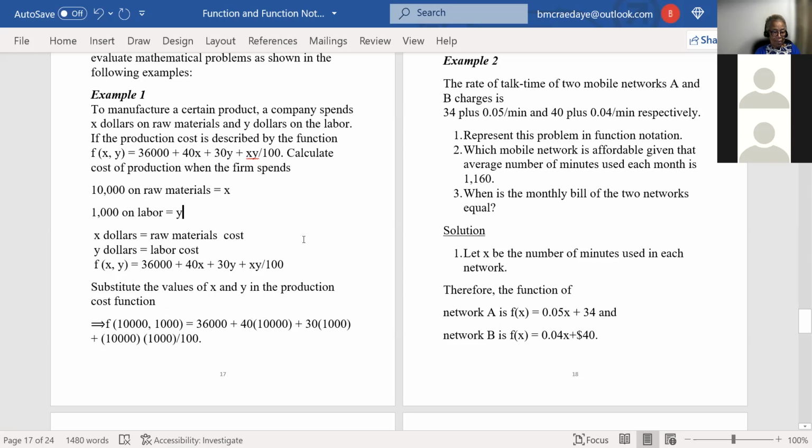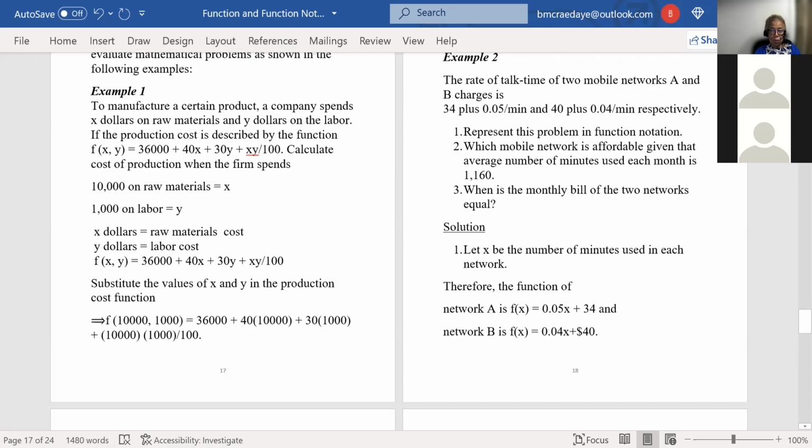X is 10,000. So 40 times 10,000 plus 30 Y, Y is 1,000, 30 times 1,000 plus XY, which would be 10,000 times 1,000, and all of that divided by 100. Okay, now it's just a matter of multiplying everything out.